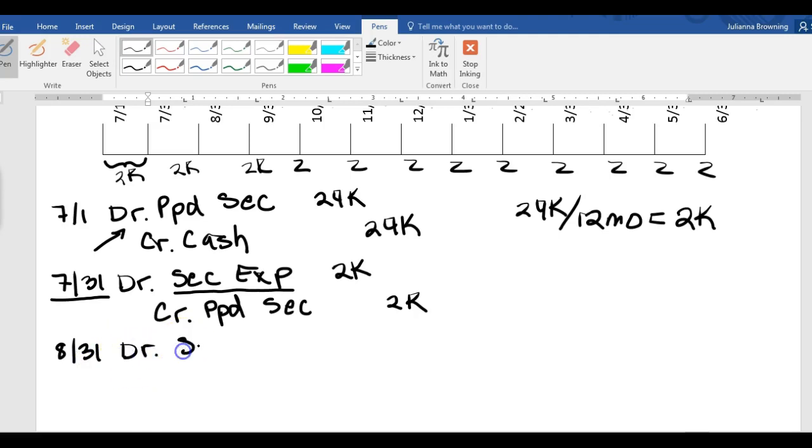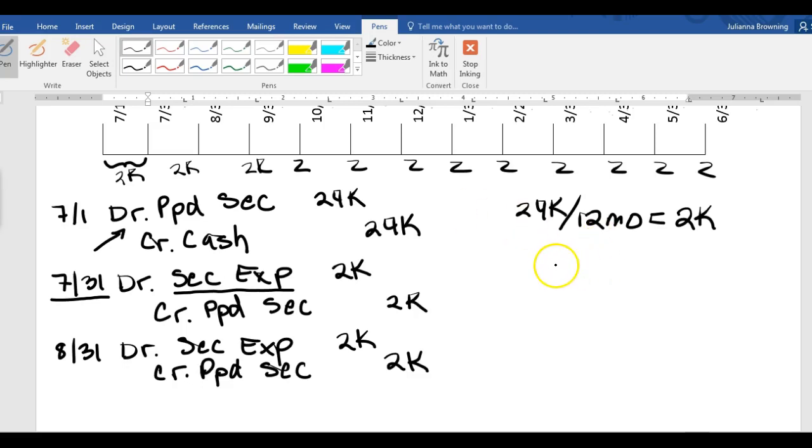So we will have a debit to security expense and a credit to prepaid security for $2,000. So that over time, we're going to what's called amortize the contract. We're going to amortize this asset to show the utilization until the asset value is 0, and we start all over again with paying for a new contract.